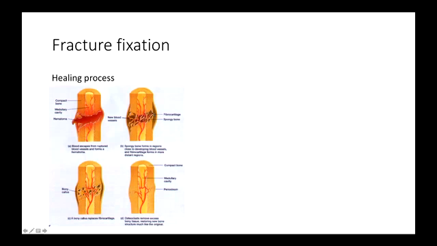Once that has happened, a callus forms around the fracture, and then once you have the blood vessels, you start getting new bone growing in that space. Then as that bone gets loaded, it remodels and optimises its structure. So then it takes on more and more load, remodels, and then eventually it can carry as much load as the existing bone. That's the ideal target for the healing process.